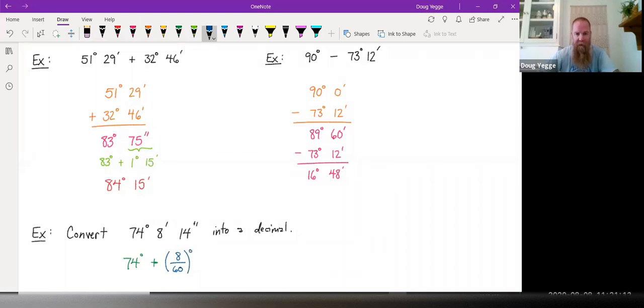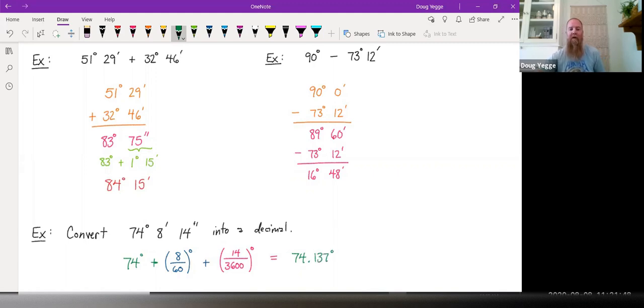And likewise, if I wanted to convert 14 seconds, I've got to realize that 14 seconds accounts for 14 parts out of 3,600 degrees. And now if we were to convert each of those into a decimal, I'll let you do that on your calculator. This would turn out to be 74.137 degrees.